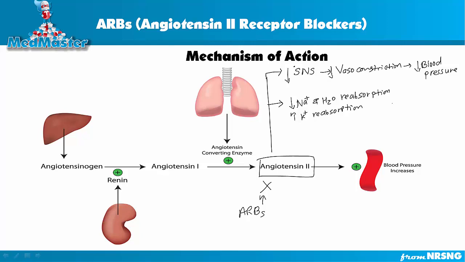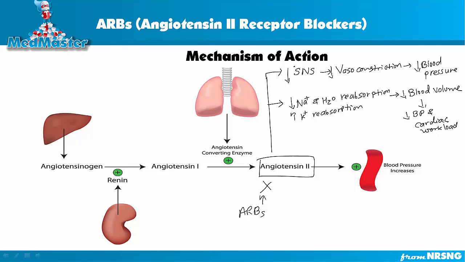So when it decreases the sodium and water reabsorption, it's going to decrease the blood volume, which is eventually going to decrease blood pressure and cardiac workload. When we decrease the cardiac workload, we can use this medication in heart failure. This is one reason we use this medication for heart failure.